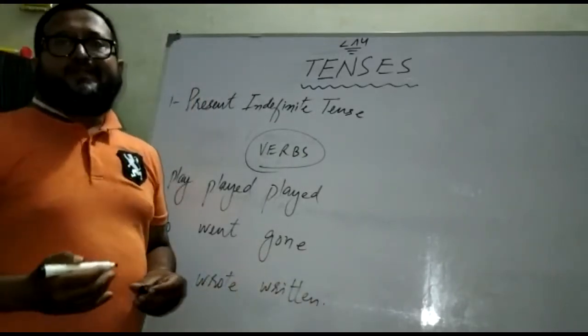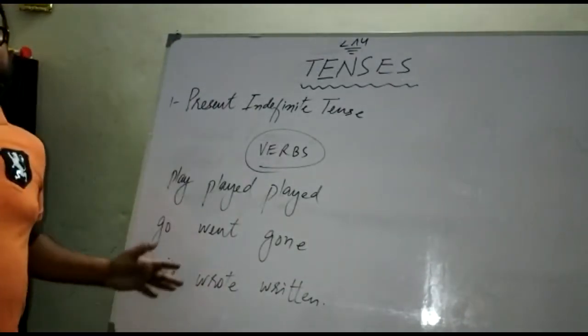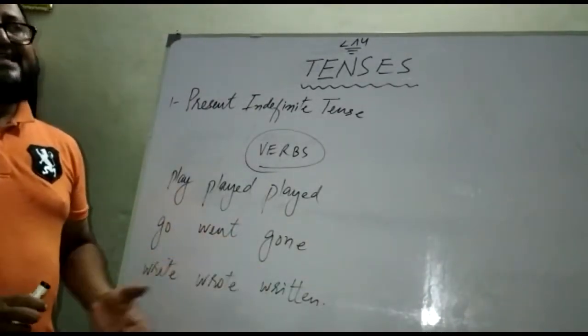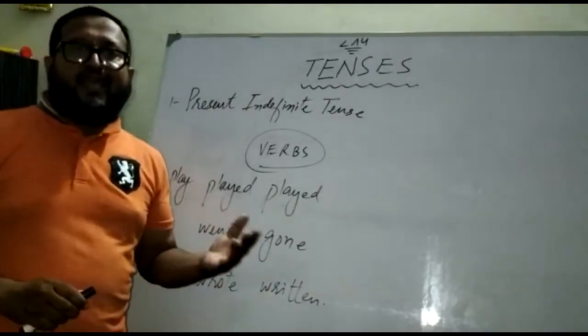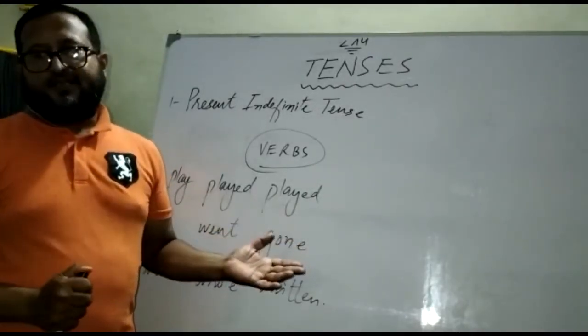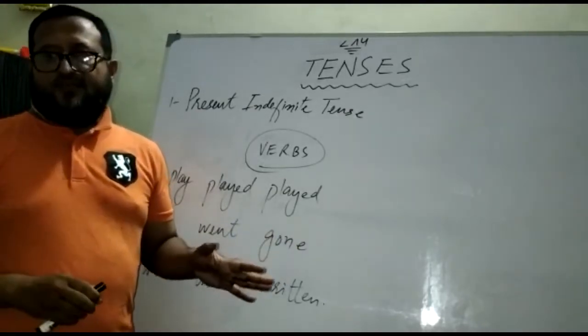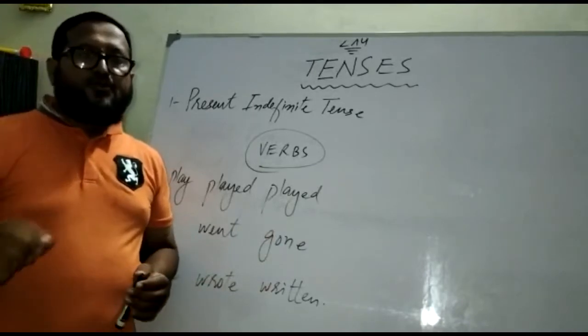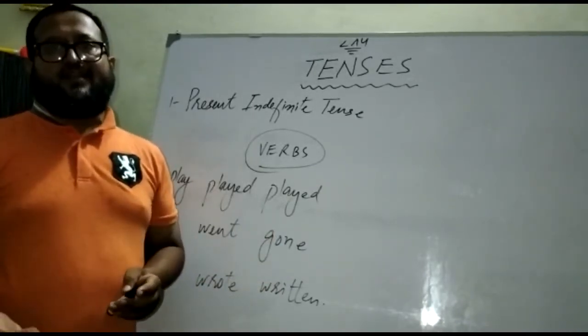So in the tenses we will play with these verbs. We will add something into it. We will add some helping verbs into it. So there are different kinds of things we will add into these verbs. Alright? If you learn something clearly about these verbs, then it will be so easy for you to understand, write and speak English very well.